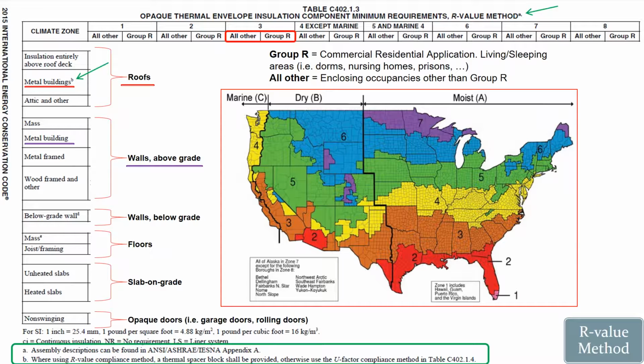So you are not permitted to use a through-fasten screw-down roof, even though it's not specifically clear unless you get into ASHRAE 90.1. So you need a thermal spacer block for a metal building roof. Otherwise, use the U-factor compliance method shown in Table C402.1.4.